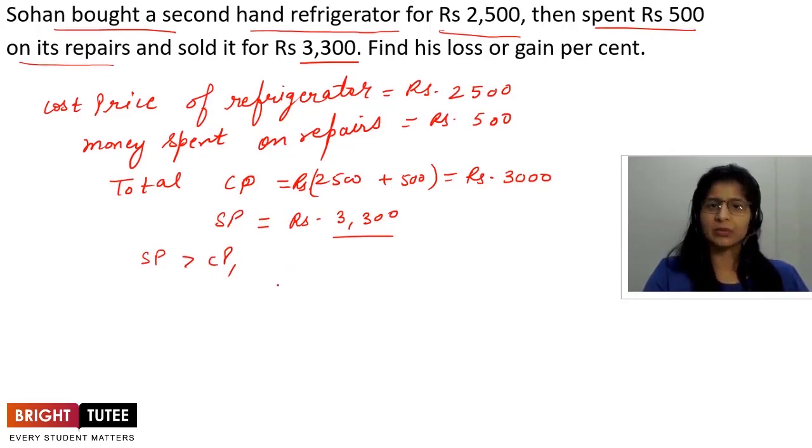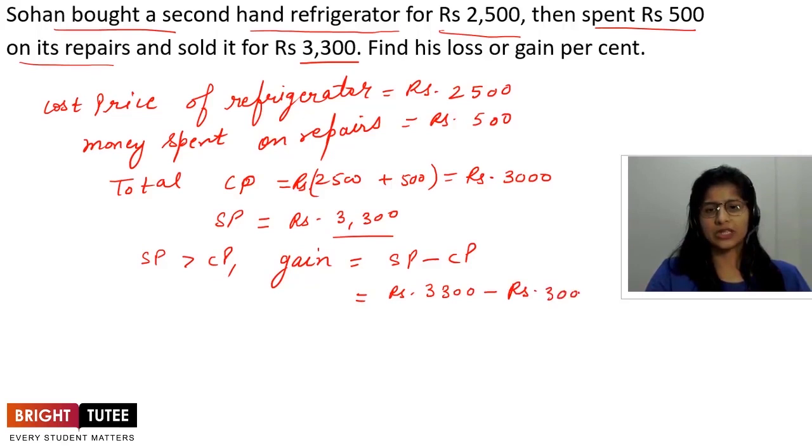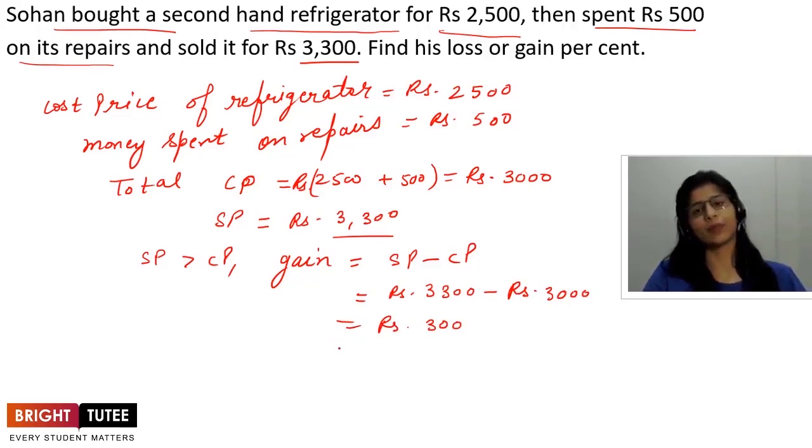We are at gain, that means profit. Profit and gain are the same thing. Gain or profit is equal to selling price minus cost price: 3,300 minus 3,000 gives rupees 300. So we are at a profit of rupees 300.